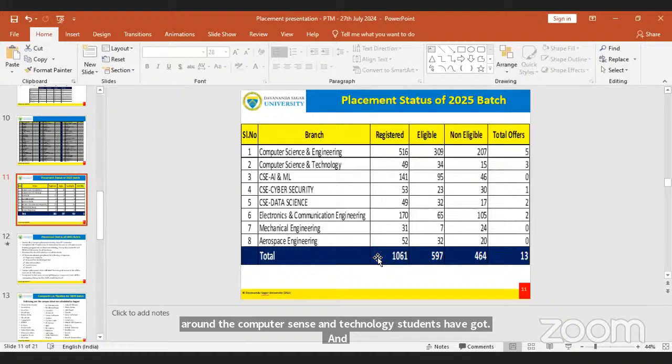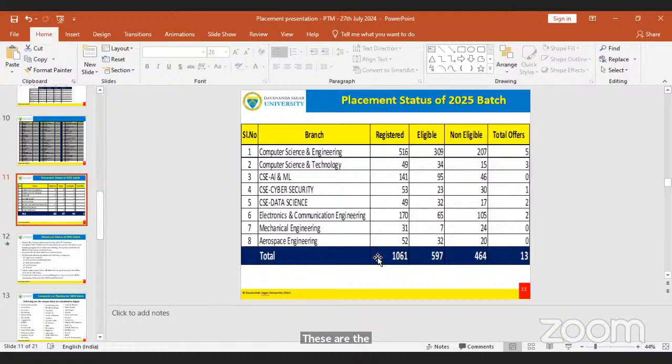And if you see the students' eligibility and non-eligibility criteria, almost 207 students from computer science and engineering are not eligible, because they have backlogs. Many students have backlogs, and we have requested the department, the examination department, as well as the dean, and they have provided the summer term examination where you can clear those papers.